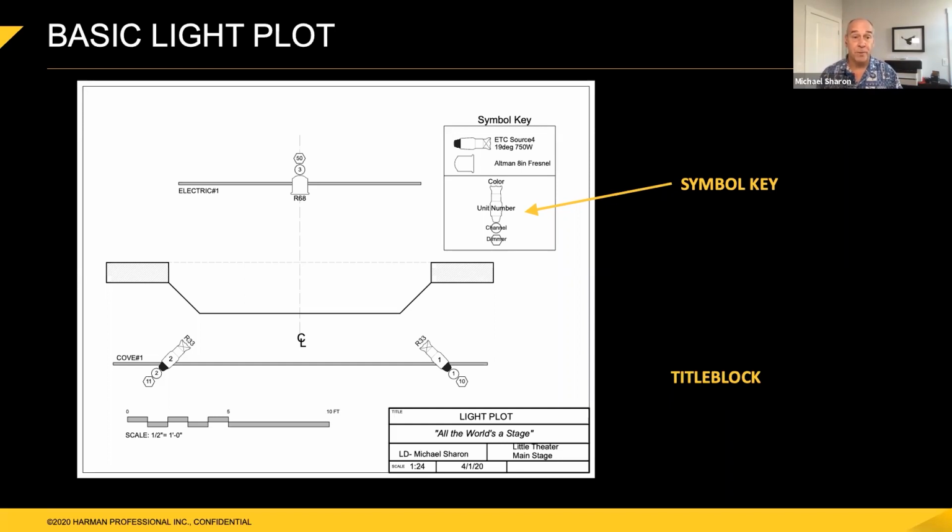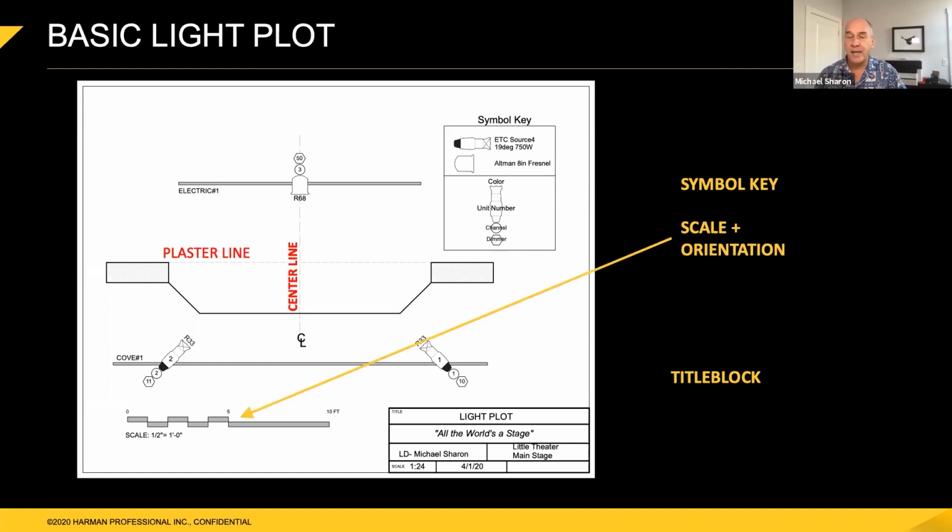In various theaters, your circuit number is your dimmer number. In some places you'll actually have a patch, so that circuit A1 will go to dimmer 22, which might be channel 15, in which case that's three different pieces of data that potentially need to be thrown on that drawing. So you want to call out in your symbol key what information you are going to find on this drawing and how it is organized.